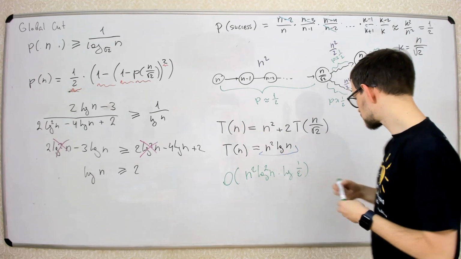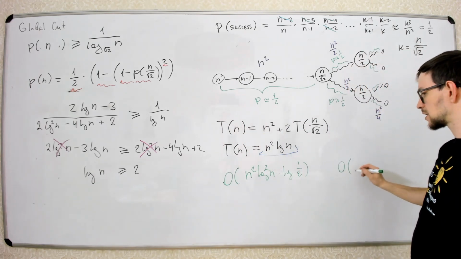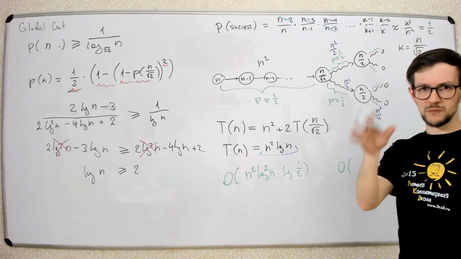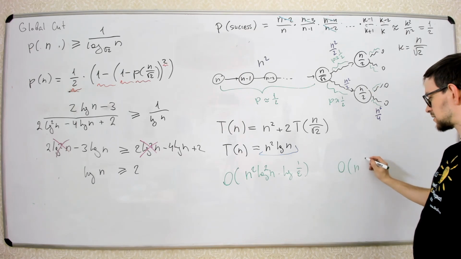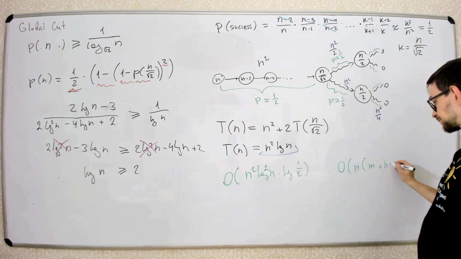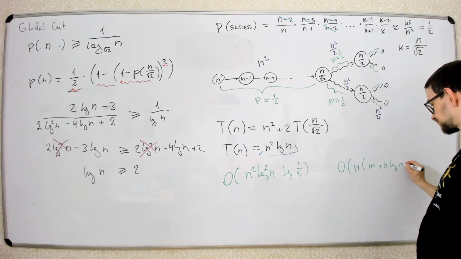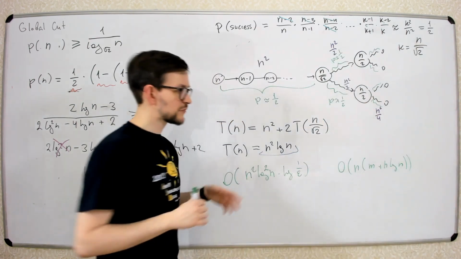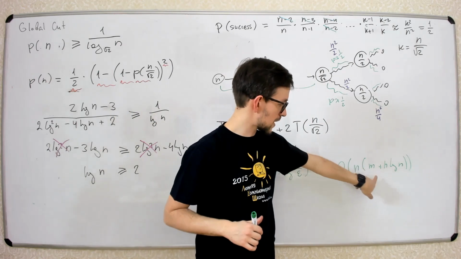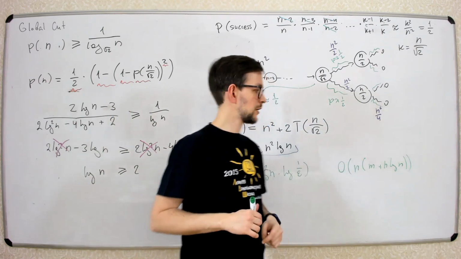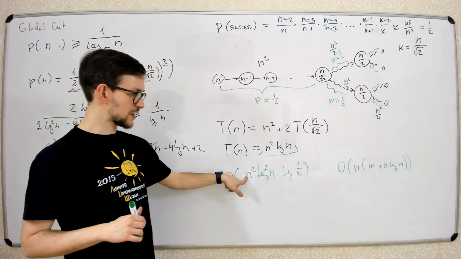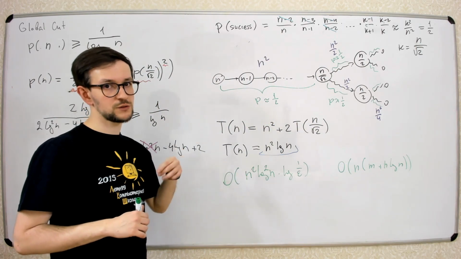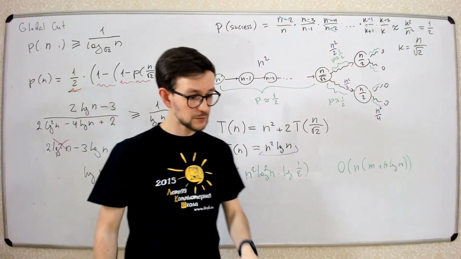So even if you have Fibonacci heaps, you still have this nm here. And here you just have n square. So it's better even if you have a Fibonacci heap.